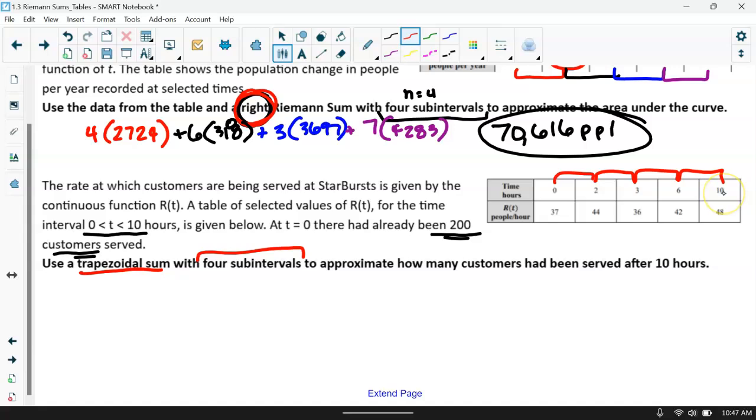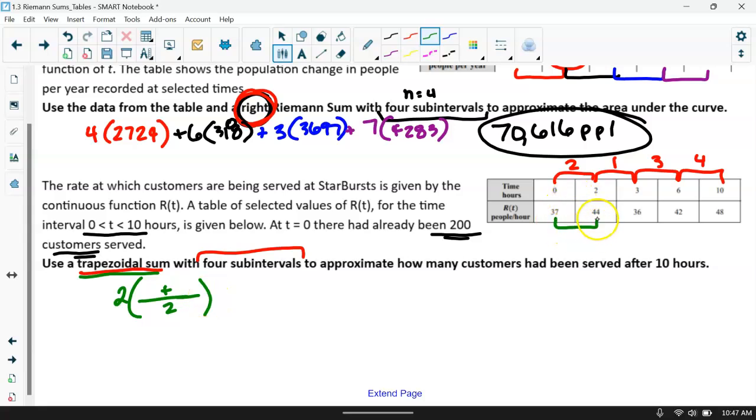So again, 0 to 10. So here we got a width of 2, a width of 1, a width of 3, and a width of 4. Now, keep in mind the trapezoidal sum, right? So for the first, find the area of the first subinterval. The width is 2, but then trapezoid. So we need to find the average of the two heights, divide by 2.